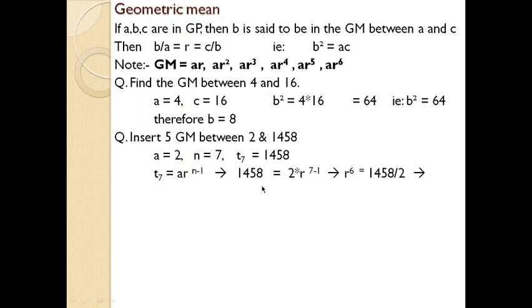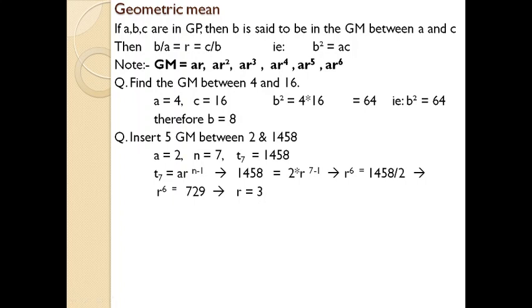Whenever a number goes to the other side of the equal sign, if it is a common number, it will become a fraction. So 1458 divided by 2, that is R raised to 6 equal to 729, and we all know how to take the root of a number. So by taking the exponential form, you will get R equal to 3.